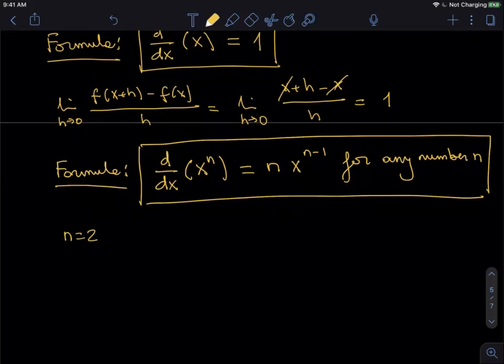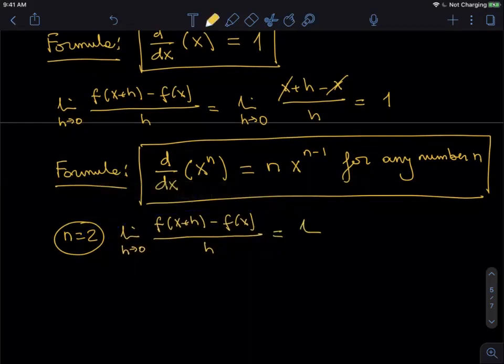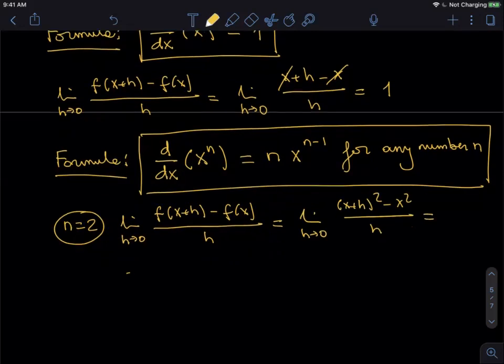If we have n equal to, for example, 2, sorry about that. So this is going to be the limit as h tends to 0, the definition, of x plus h squared minus x squared divided by h. Okay, so we need to expand that square. This is x squared plus 2xh plus h squared minus x squared divided by h.